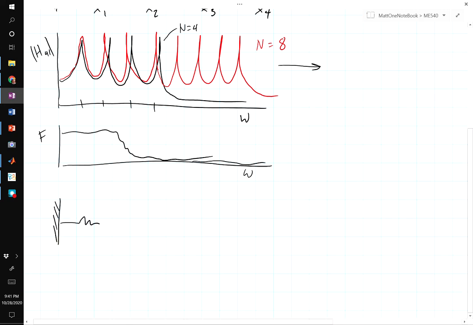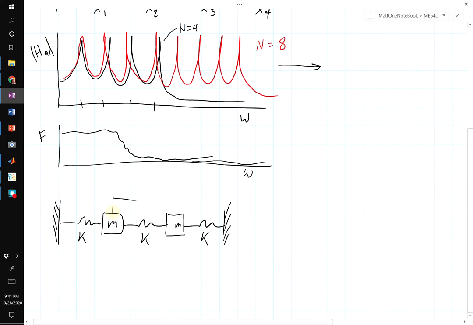So let's say we had our favorite 2 degree of freedom system. We have masses 1 and 2. Let's just have the masses all be equal, and the springs all equal.